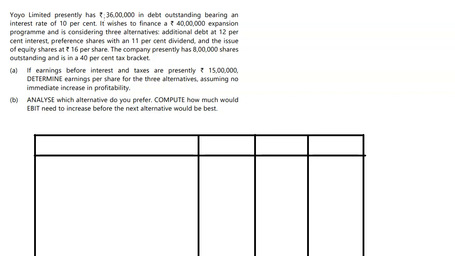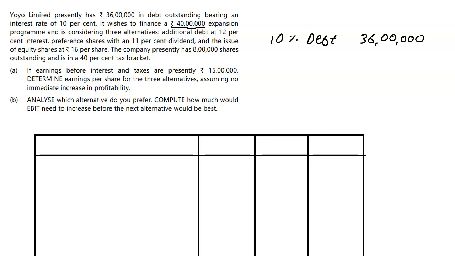Yo-Yo Limited presently has 36 lakhs in debt outstanding, bearing an interest rate of 10%. I'm going to write 10% debt for 36 lakhs. It wishes to finance a 40 lakh expansion program and is considering three alternatives.